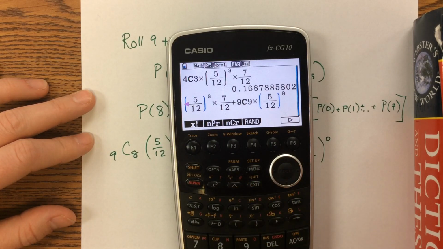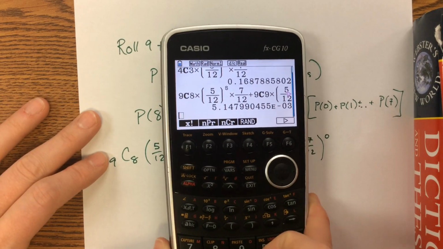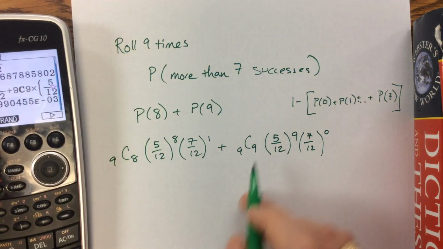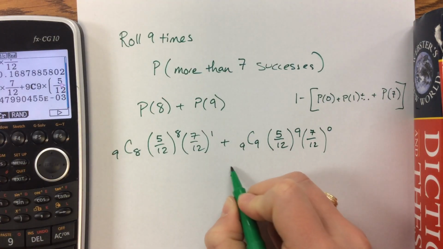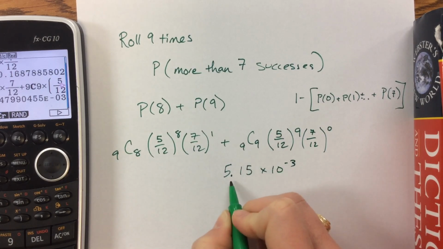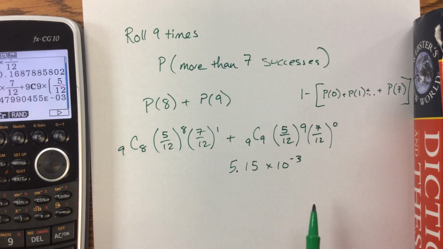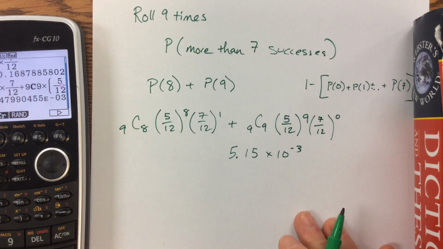This needed to happen 9 times, and the probability is kind of low. The probability that you get 8 or 9 would be 5.15 times 10 to the negative 3, so you're moving the decimal 1, 2, 3. So it's a pretty low probability, but there we go.